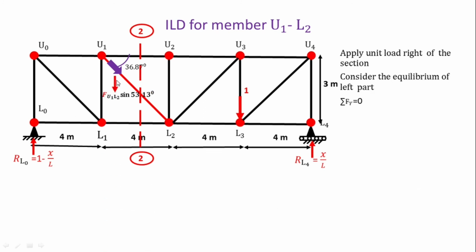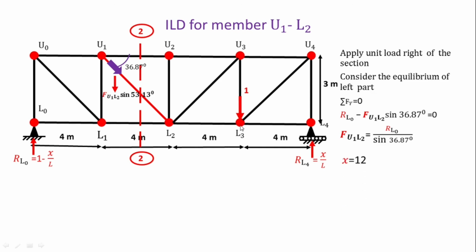So resolve this diagonal member force vertically downward, F U1 L2 sin 53.13. That is why U1 U2 and L1 L2 do not affect, that value is 0. So the equation is RL0 minus F U1 L2 sin 36.87 equal to 0. F U1 L2 is equal to RL0 divided by sin 36.87.